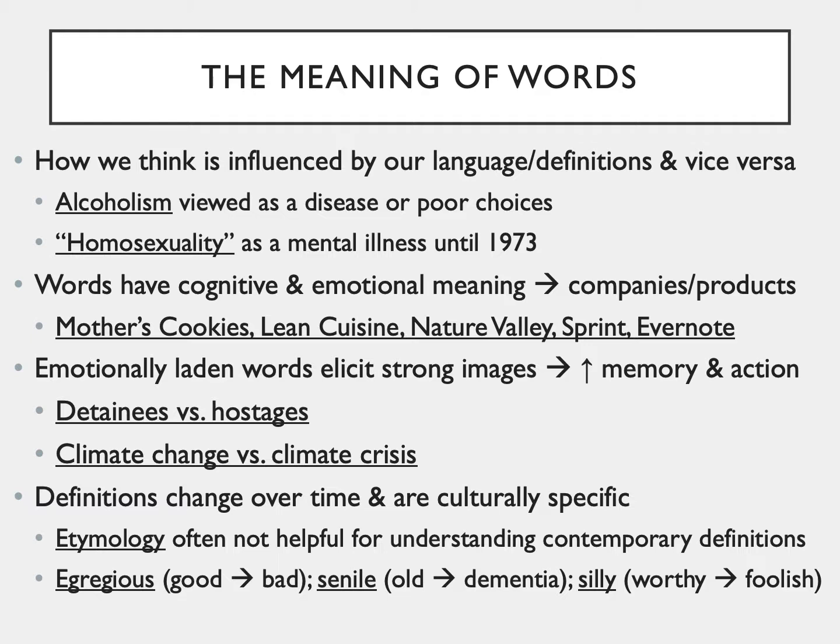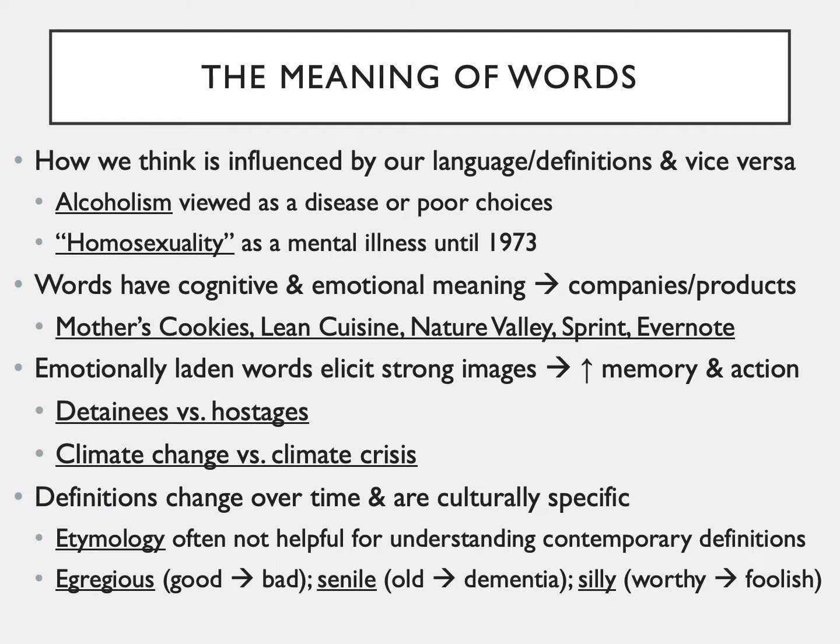Words have cognitive and emotional meanings, and companies and products have used that to their advantage for a very long time. When you hear mother's cookies, there's a warm and comforting association. However, if we're being realistic, we know mother's cookies are made in a giant factory, just like all of the other cookies.